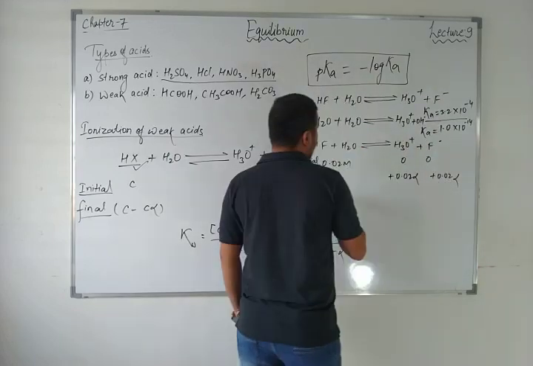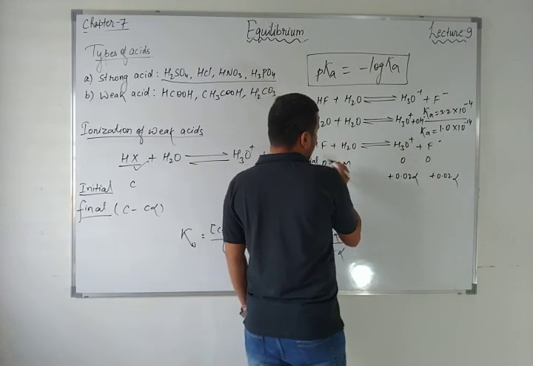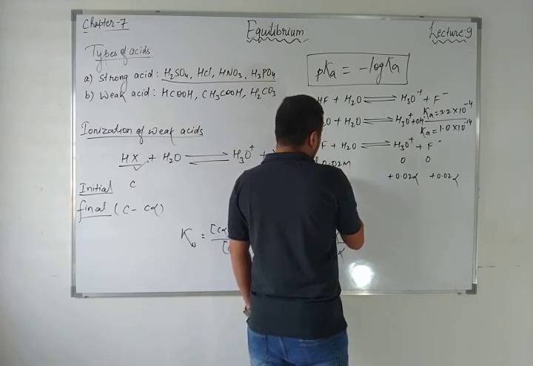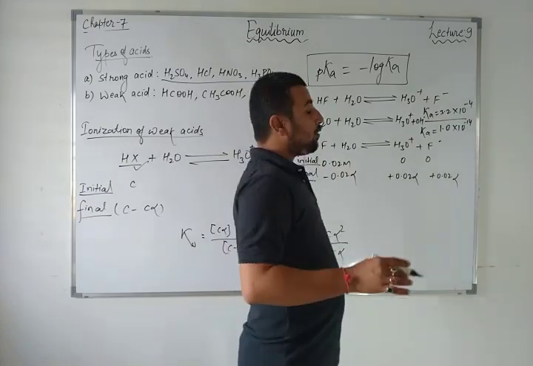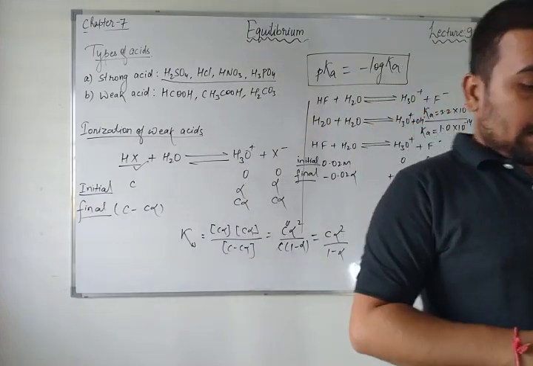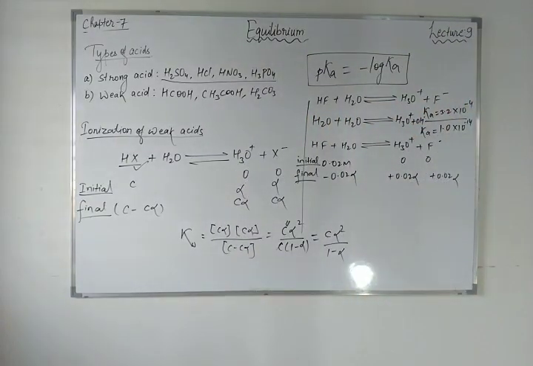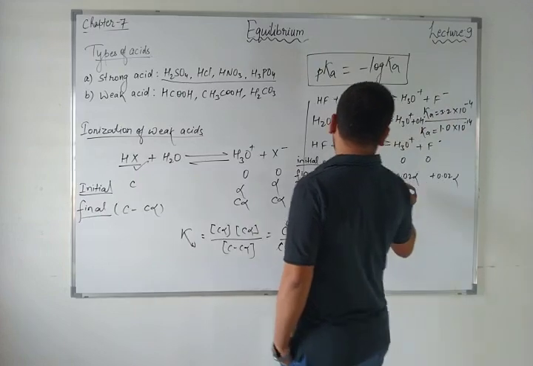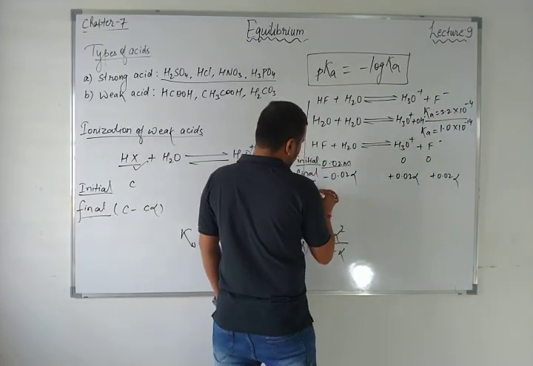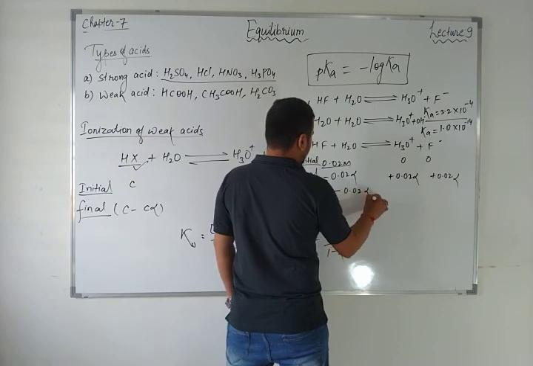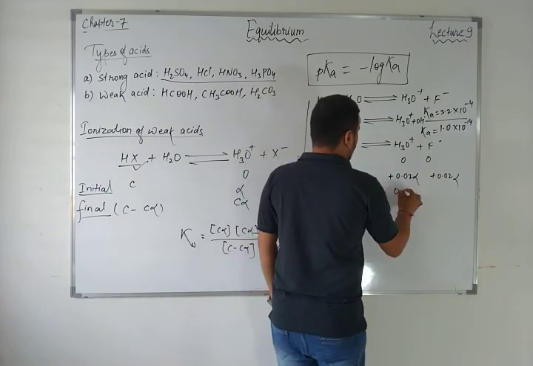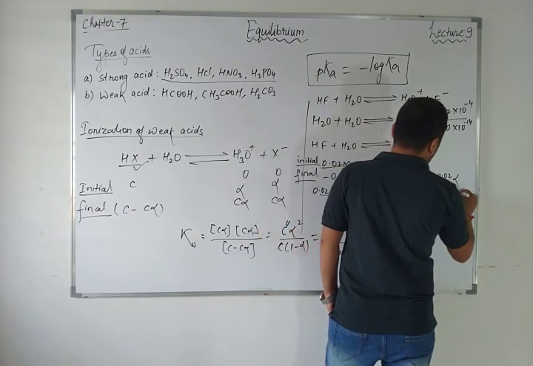So from HF this is deducted, minus 0.02 alpha. So at equilibrium, the concentration of HF is 0.02 minus 0.02 alpha, and H3O plus and F minus are each 0.02 alpha.